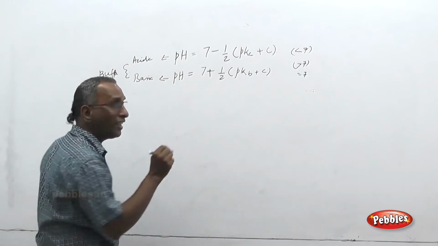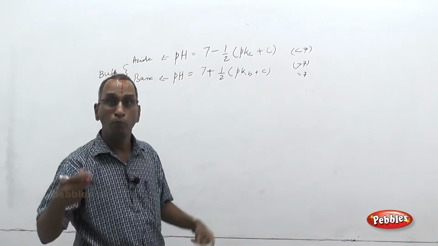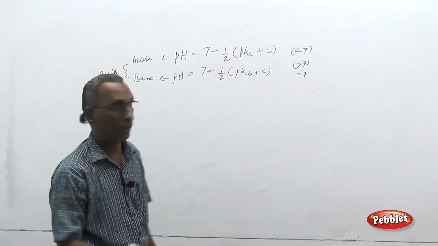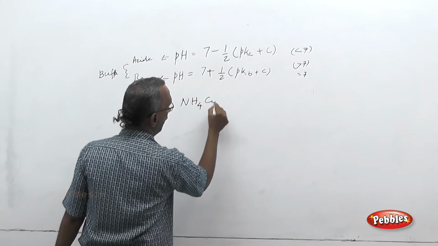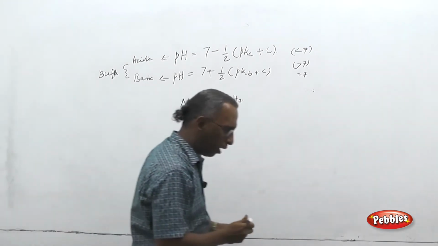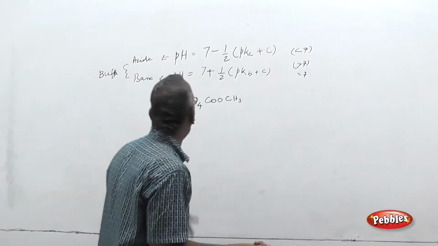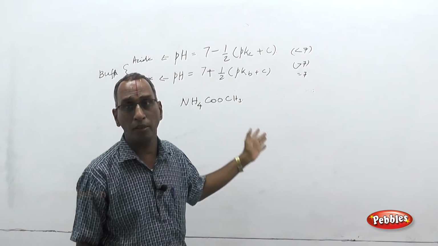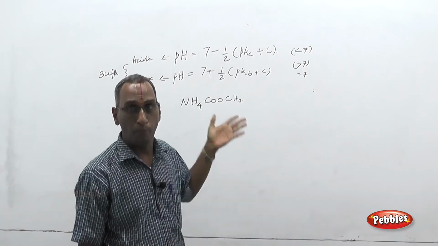Lastly, what is the pH of a solution if it is made up of both components weak? Let us take ammonium acetate, CH3COONH4. Ammonium acetate is a combination of ammonium hydroxide and acetic acid. Ammonium hydroxide is a weak base.